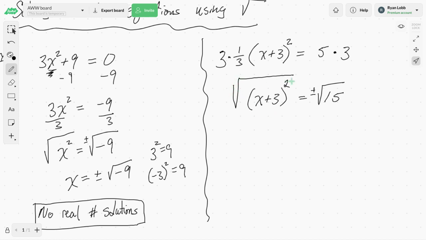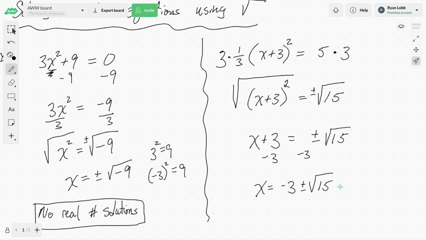The square root undoes the exponent 2, so it leaves me with x plus 3 equals plus minus the square root of 15. Then the last step is to subtract 3 from both sides. So I get x equals negative 3 plus minus the square root of 15.